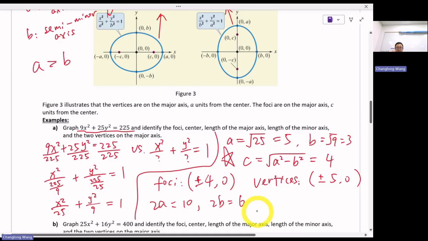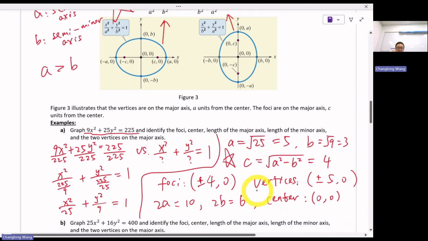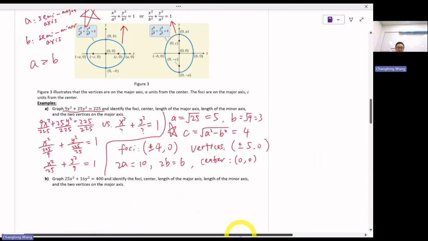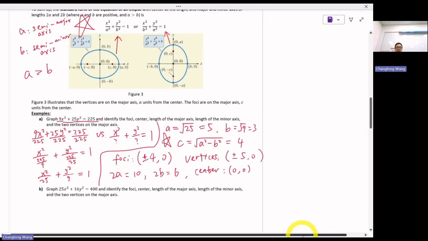So there'll be 6, right? And that's it, right? Or if you want, just to make it clearer, the center is 0, 0, the origin. So given all of that, you should be able to graph the ellipse. Or at least it's very easy for you to picture.